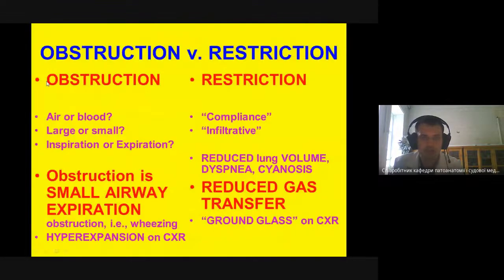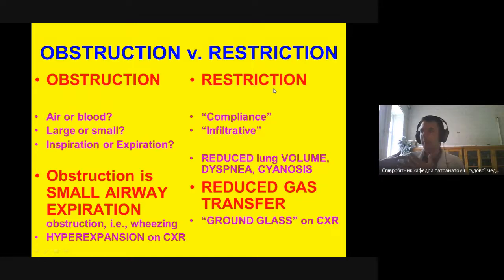Obstruction versus restriction. We should think of obstructive or restrictive disorders in chronic lung diseases. That's applicable for acute infections, but nobody does that. Obstruction means blockage of the bronchi.